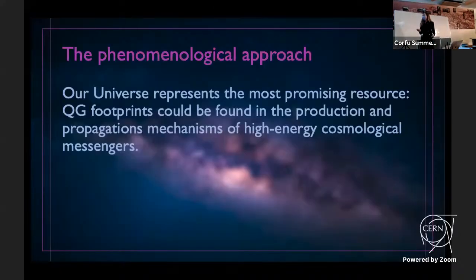And for this reason, our universe represents the most promising resource that we have. In fact, the mechanisms of production and propagation of high-energy cosmological messengers could hide some footprints of quantum gravity, and in particular, they could give us access to these high-energy regimes that we are interested in.